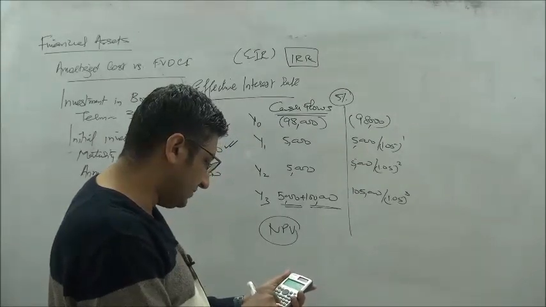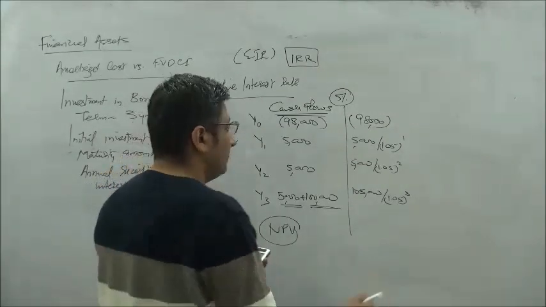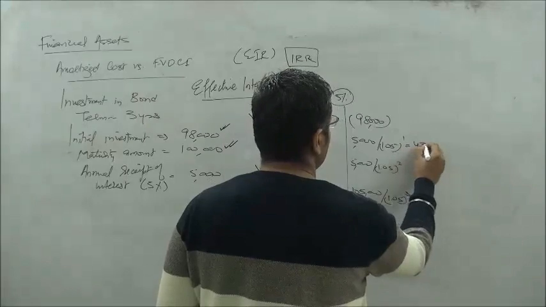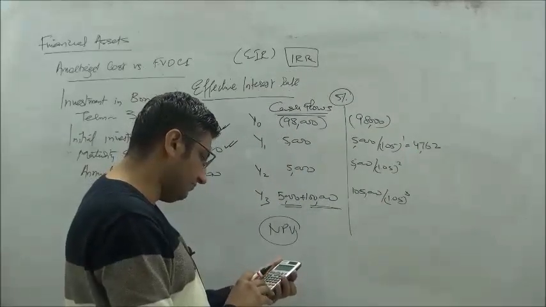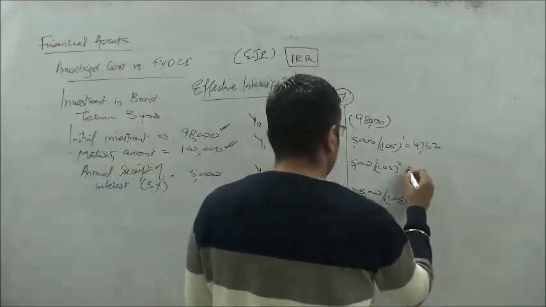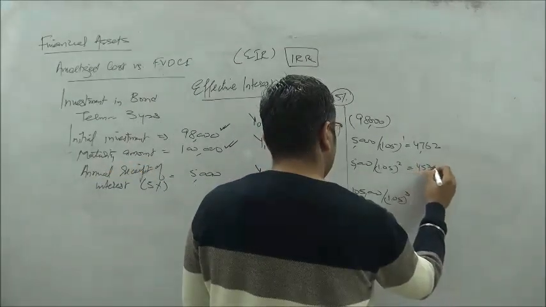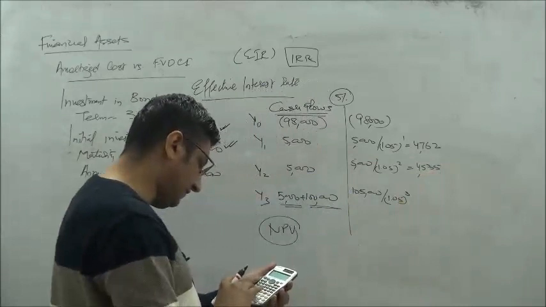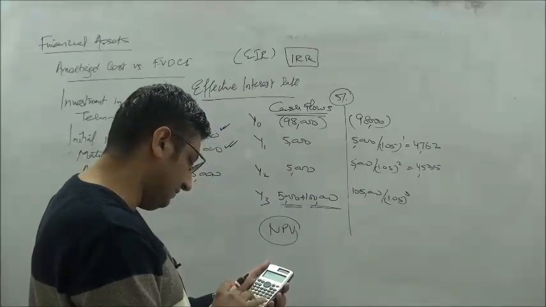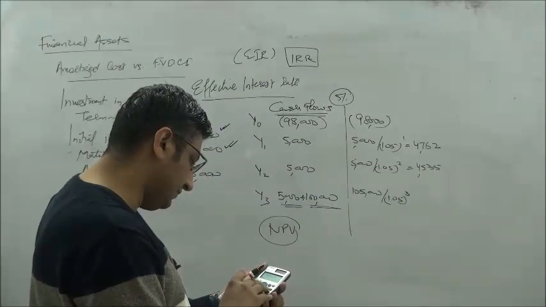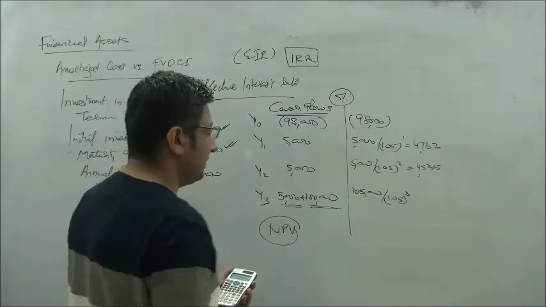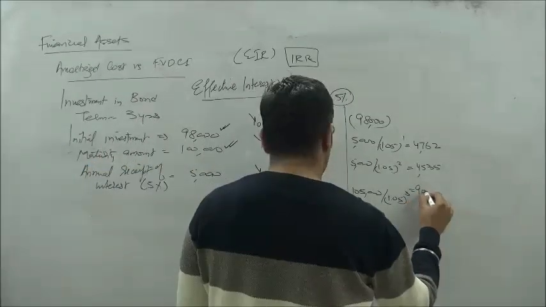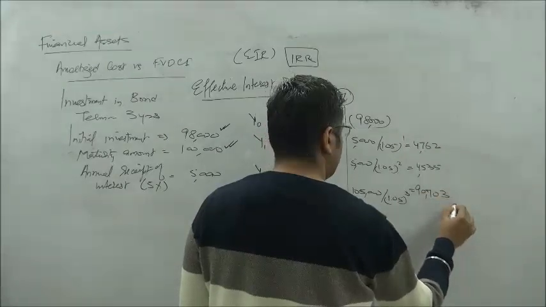So this value comes at 4,762. Okay, I'll divide it further by 1.05. This gives me 4,535, and then I have 105,000 divided by 1.05 to the power 3, and that gives me, of course, 90,703.